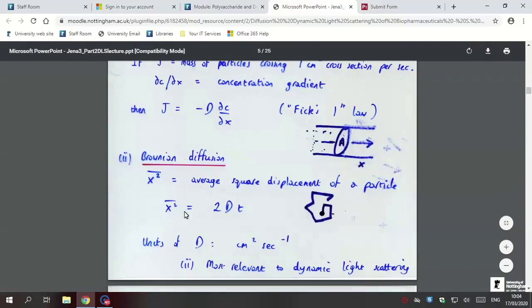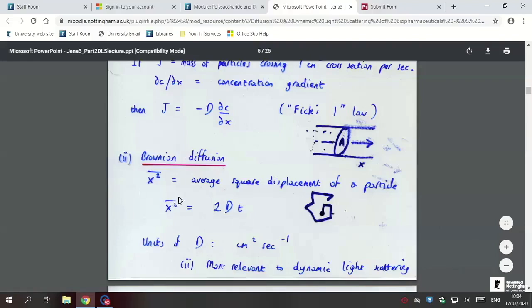And it also appears with Brownian motion, where you get this displacement because of thermal energy. So x squared with the bar across is the average square displacement of a particle. The square gets rid of all the negative distances, so negatives and positives are all removed by the square.